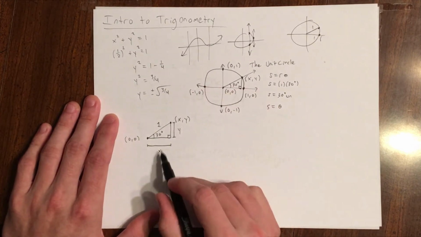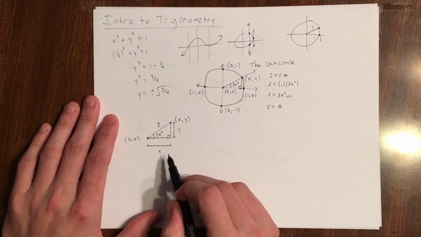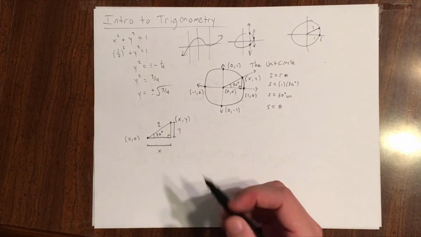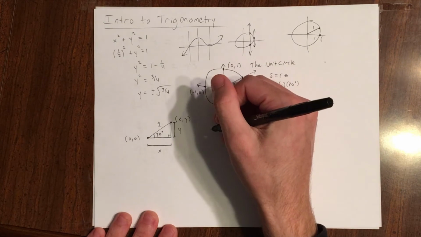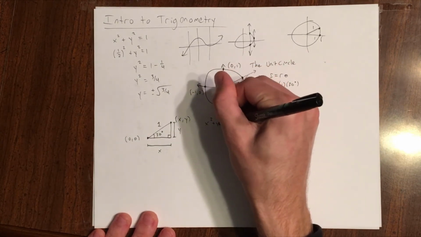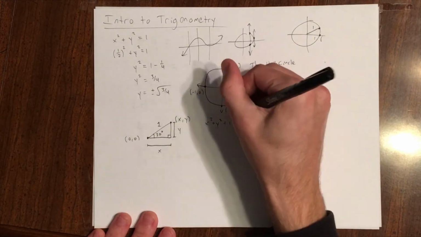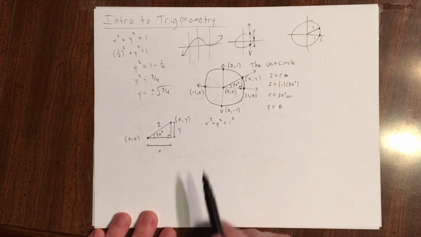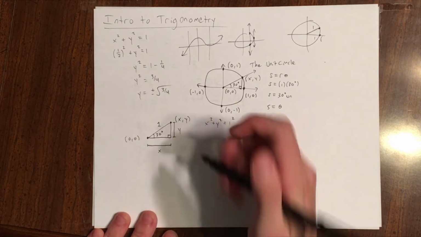So we're trying to find both of these values. Now we couldn't use the Pythagorean theorem here yet. We would just be getting the equation of our circle, x squared plus y squared is 1 squared, which we had up here, but that doesn't help us solve for x or y, so we gotta do something else.